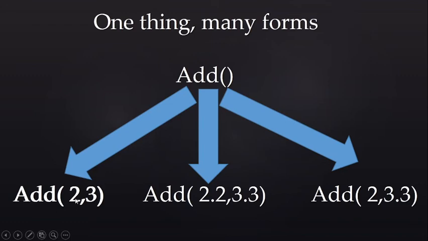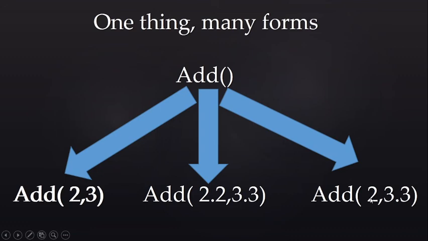For example, here we have provided 2 and 3, which are known as integer numbers in a programming language. It will do the addition of 2 and 3. Here it will do the addition of 2.2 and 3.3. So again we have one add function that will do the addition of float numbers. This is known as float numbers in the programming language. And we have one more add function that will do the addition of 2 and 3.3.